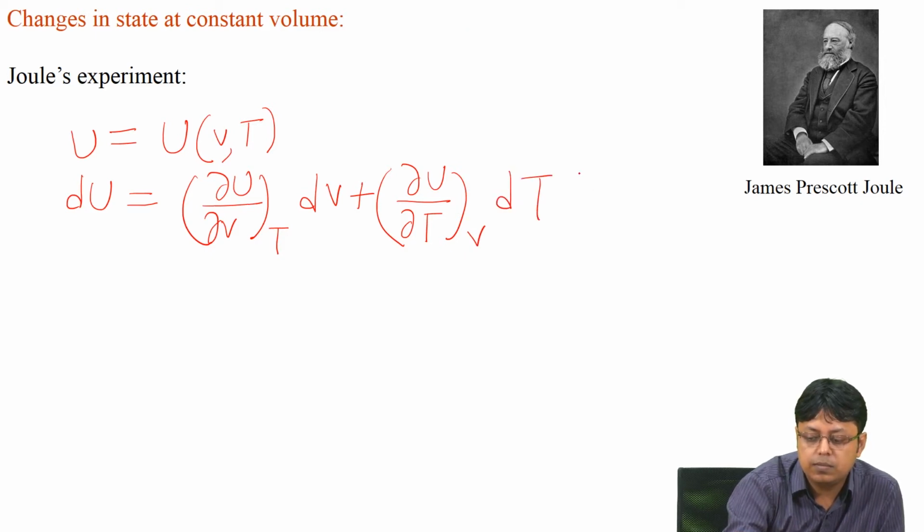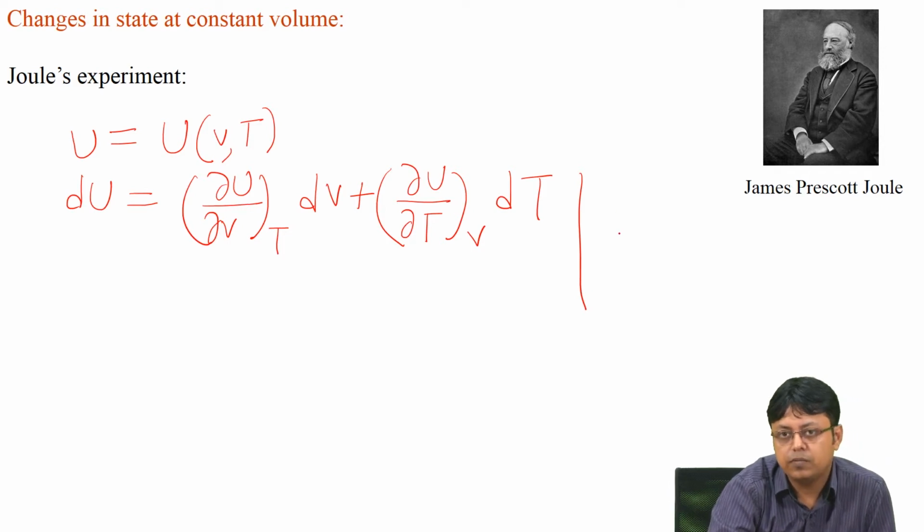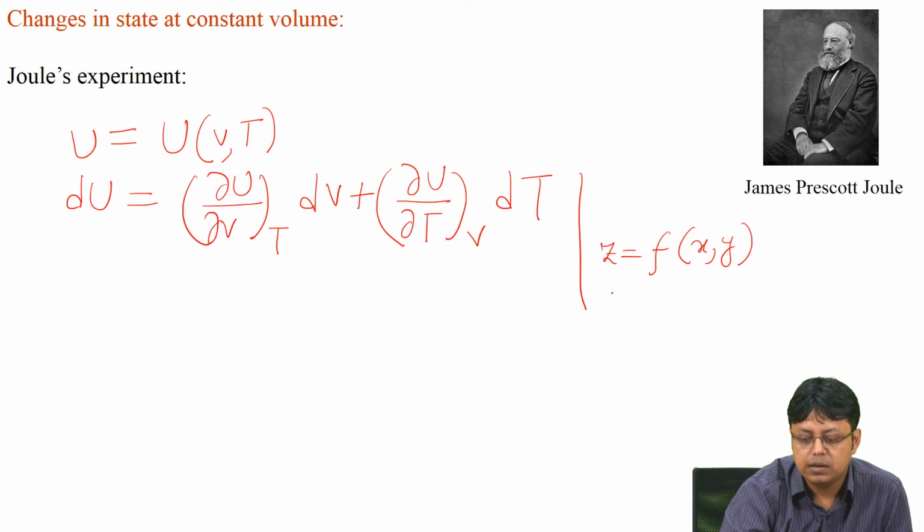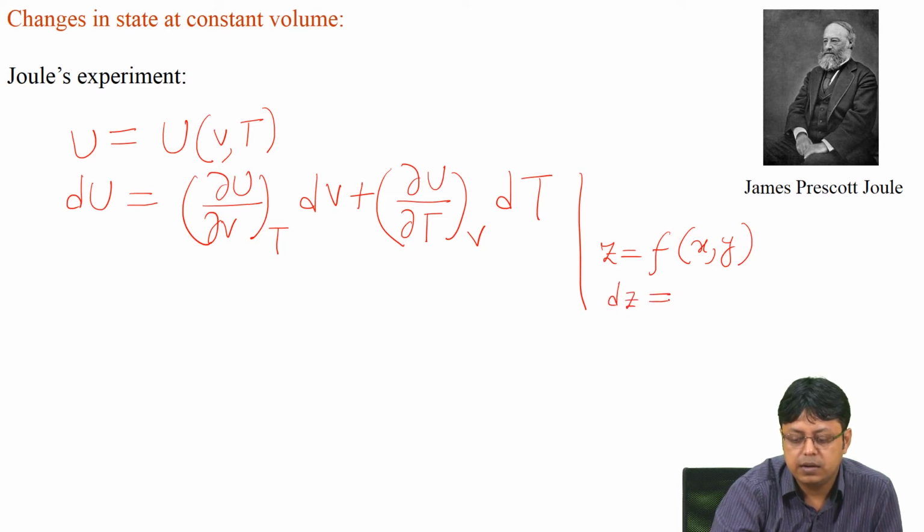Now, this comes from the calculus which you learnt in 12th standard. Suppose z is a function of x and y, and there is a transformation dz, which is the total differential of z. If I ask how much part of dz is caused by changing x alone, the answer is I have to take the partial derivative with respect to x, keeping y constant.